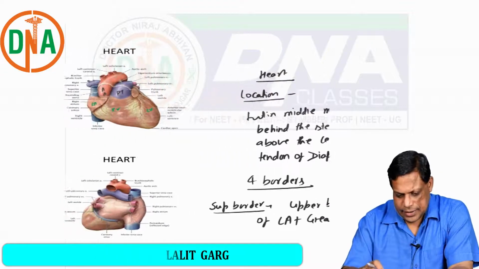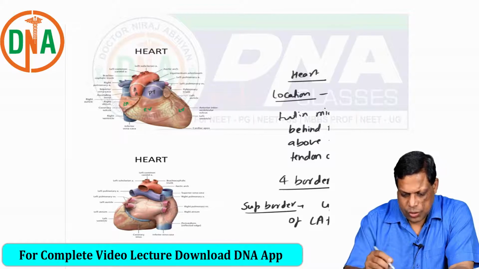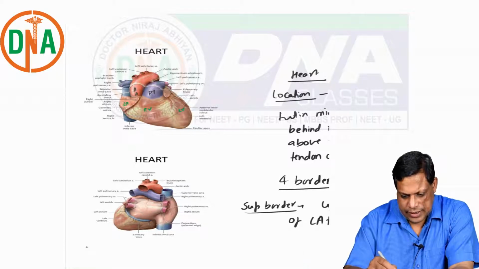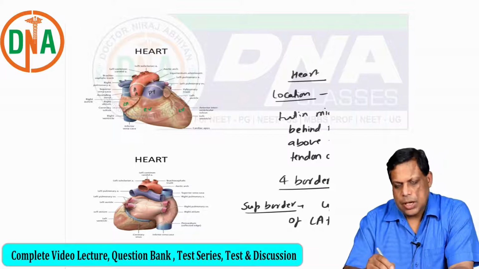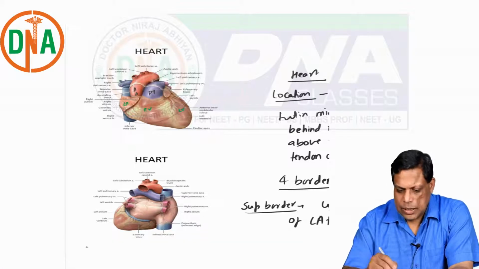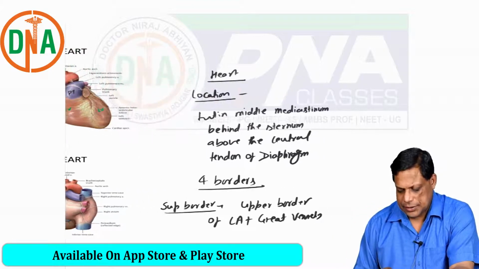As you see here, this is the upper border, and it is completely occupied by the great vessels: pulmonary trunk, ascending aorta, and the superior vena cava. The inferior vena cava is also a great vessel. So all the vessels which are directly connected to the heart are great vessels.